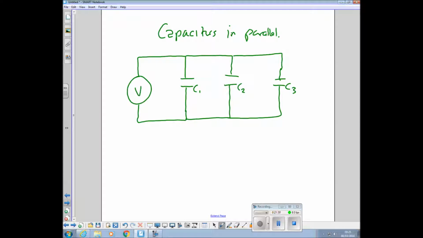No given values at the moment, but let's go back to our 10 volts. When we switch that circuit on and connect it, a current is going to flow here, some down there, some down there, and some down there. If the applied voltage is 10 volts, how many volts would we measure after a short period of time across each capacitor?